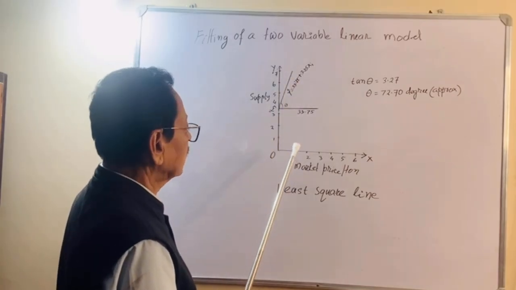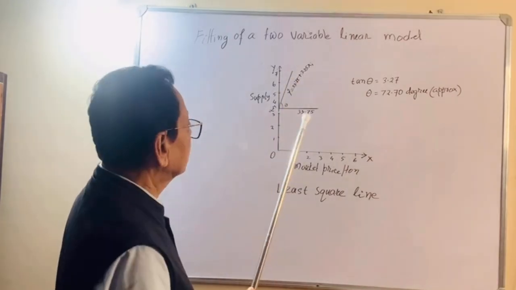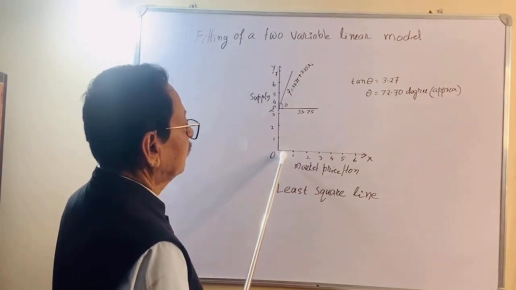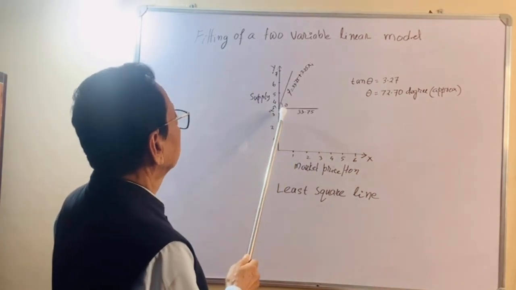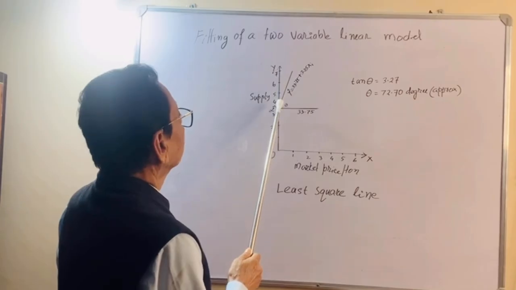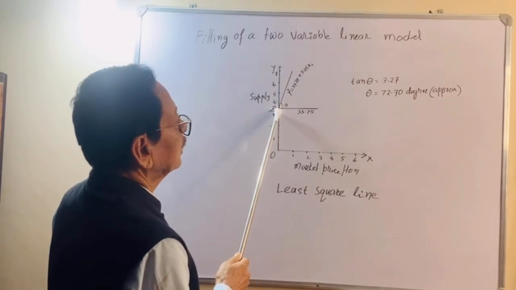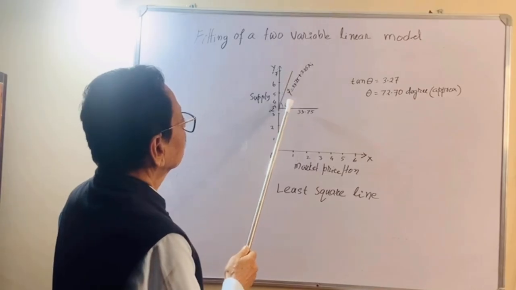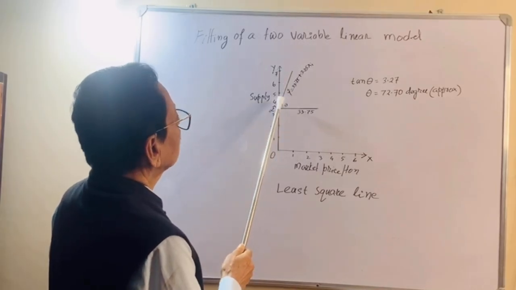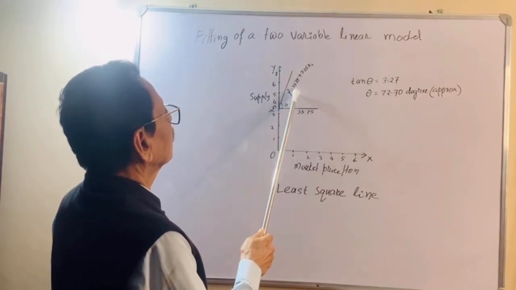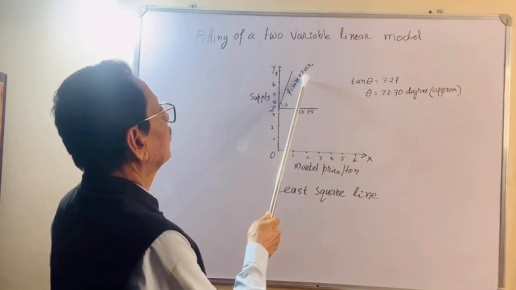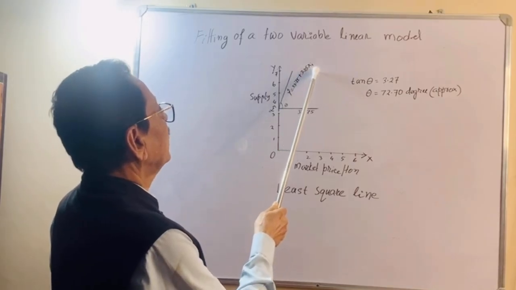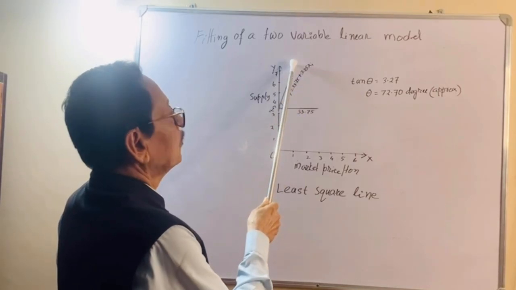Based on the scatter, because if you see the scatter, market prices are low, that's why the line starts from here. So this is the line, the estimated value 33.75 plus 3.25 xi. This is the fitted line.